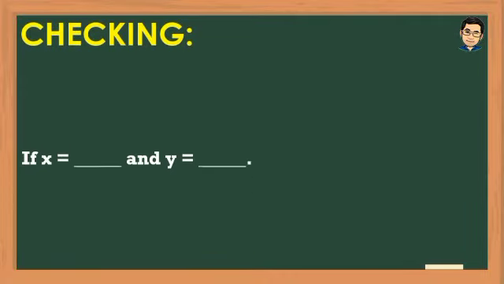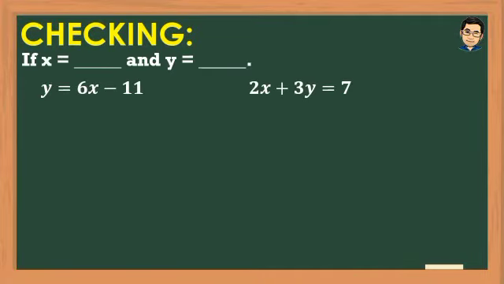So let's check. So if x is equal to 2 and then the value of y is 1, let's check. So 1 equals 6 times 2 minus 11, and then 1 equals 6 times 2, that is 12, minus 11. And then 1 equals 12 minus 11 is 1. So therefore, sa first equation, true po, tama.